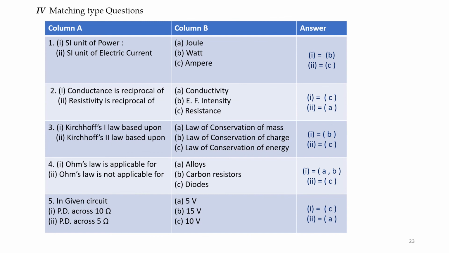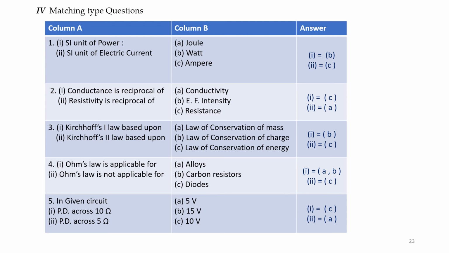Matching type of question. Please see the table. Column A has given 2 options and column B there are 3 options. You have to match each of column A with the correct answer. So first in column A, SI unit of power is, we know, watt, that is B, and SI unit of electric current is ampere. 2 is C. Question number 2. Conductance is reciprocal of resistance, that is C. Resistivity is reciprocal of conductivity, A. Question number 3.